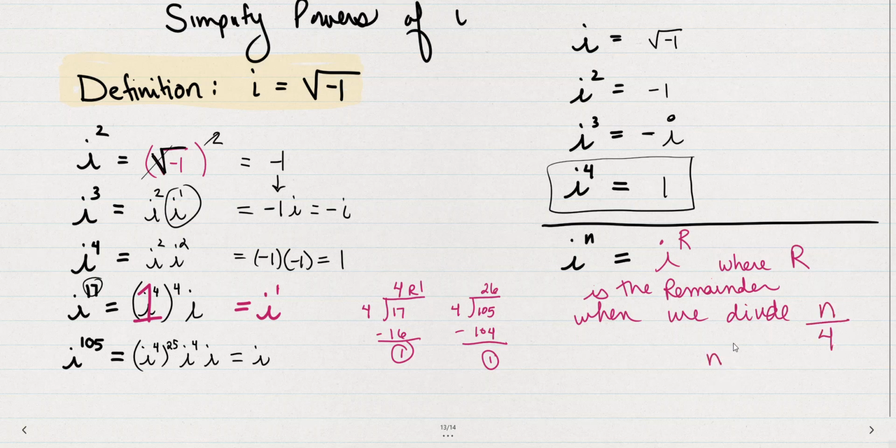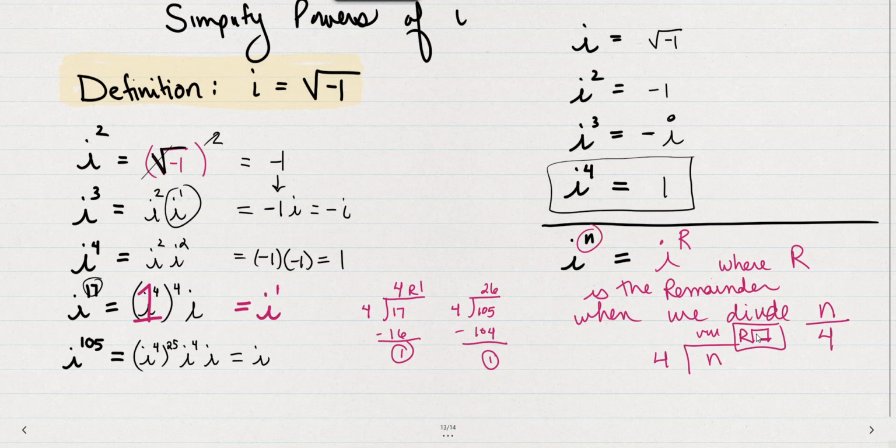So if I do n, whatever this exponent is, divided by 4, the quotient itself doesn't matter, but what I'm looking for is this remainder, right? And that remainder is going to be the power of i.